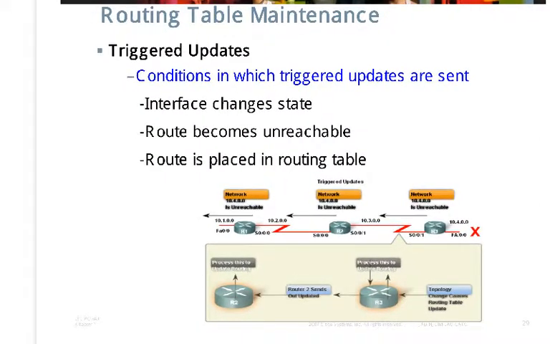this link becomes unreachable, in which case this router needs to send a triggered update that this link becomes down. Based on this triggered update, this router changes one of the entries in its routing table, whether delete or add. Okay? If the routing table changes, this means that this router needs to report this change.